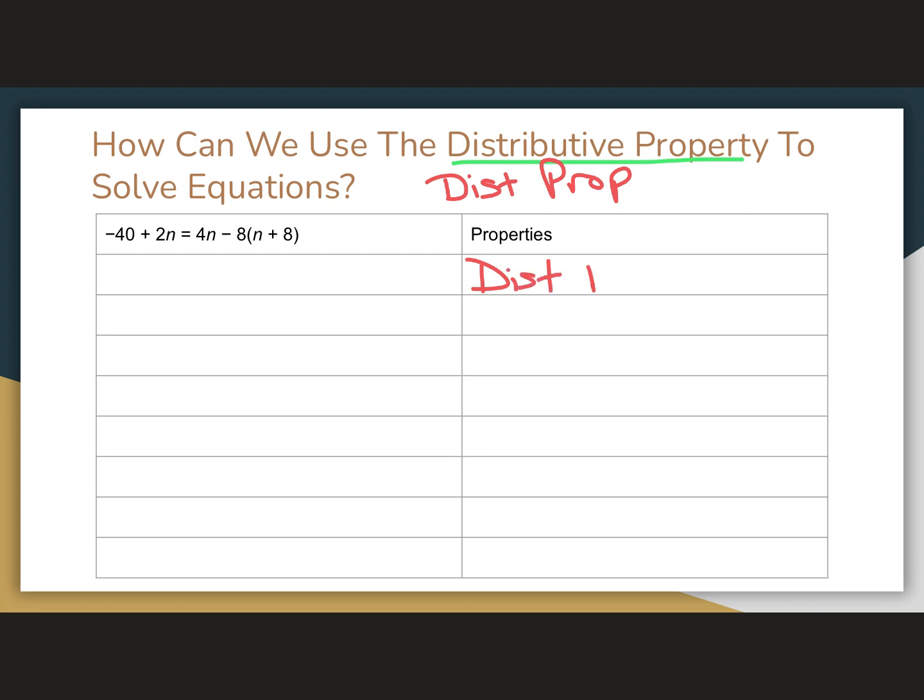Because if I look at this problem, I can see that I have this right here where I have a negative 8. Remember, we write that as negative 8 times n plus 8. So, I'm going to use my distributive property to do negative 8 times n and negative 8 times 8.